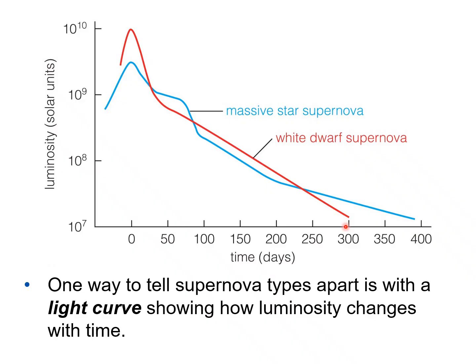You will not, for this class, need to know or be able to discern the differences, but this gives you some insight into what astronomers look at as they're trying to discern different bright events that they see in the sky. You can see that after several months, maybe as much as a year, it eventually dwindles away.